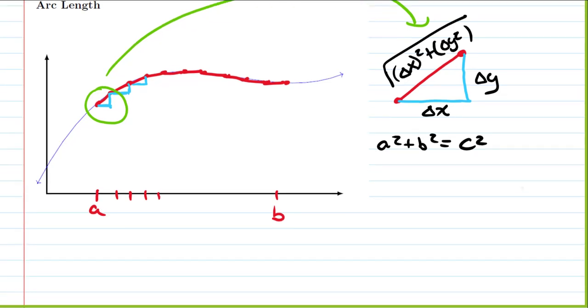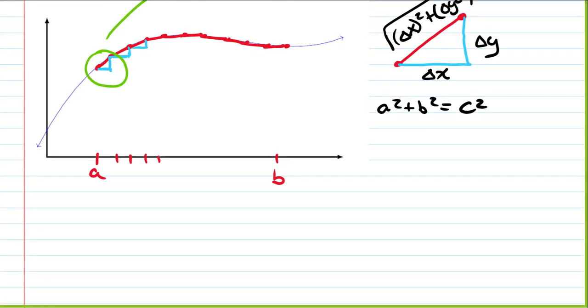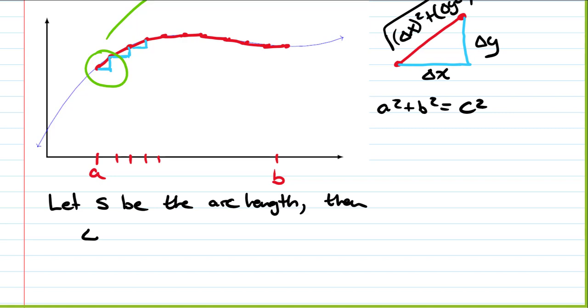So we get what I'm going to refer to as the arc length. And so it's customary to let S represent the arc length. So let S be the arc length. Then delta S is equal to the square root of delta x squared plus delta y squared, right?